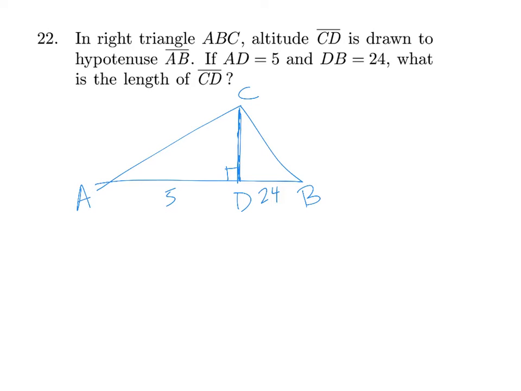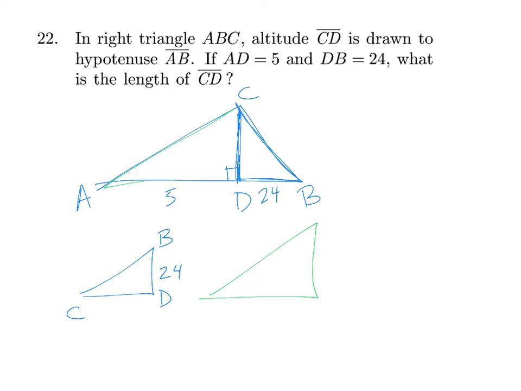All right, so I'm going to work with this triangle to start with. I'm going to flip it. So let's make sure to label it correctly. I have 24 here, and I have B, D, C. Then I have this medium triangle here, which is C, D, A. That's 5.